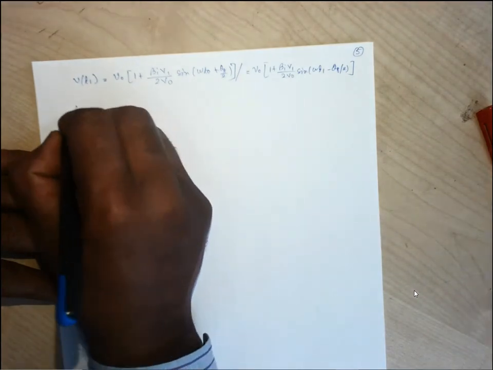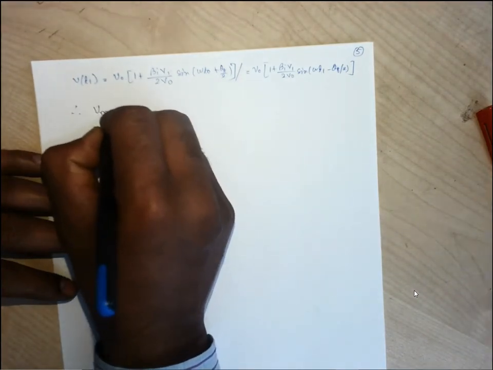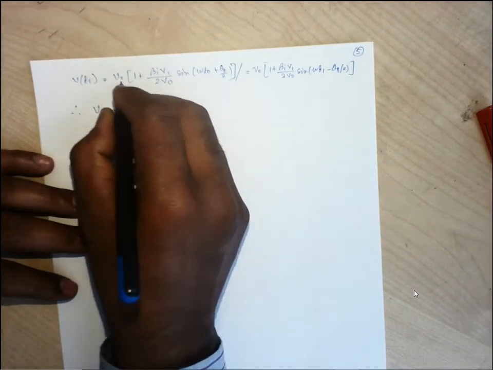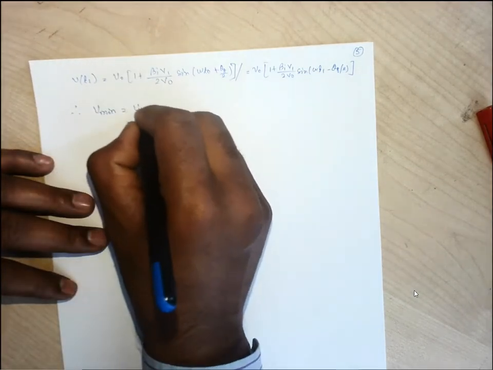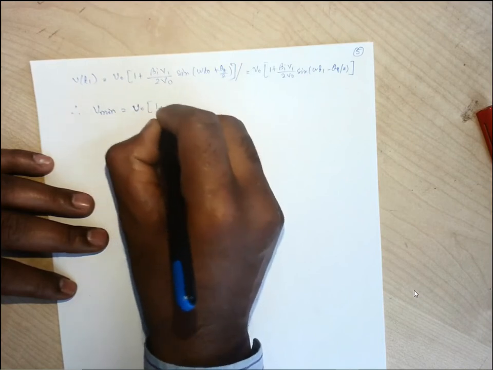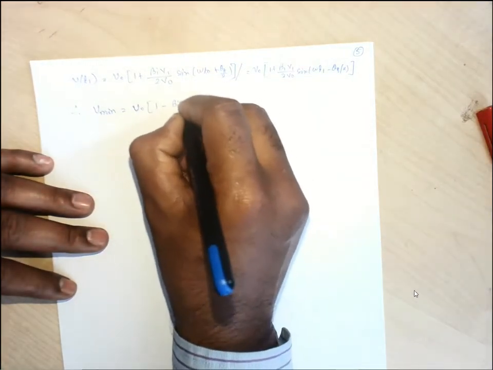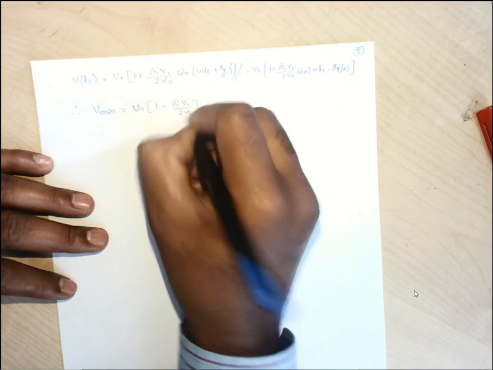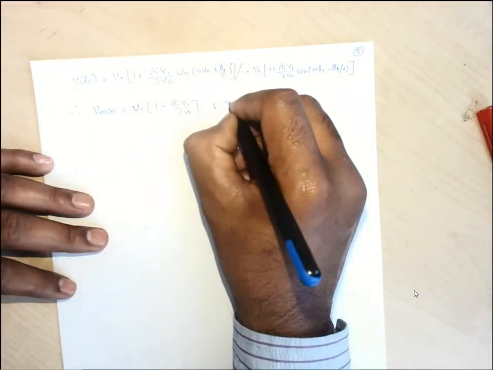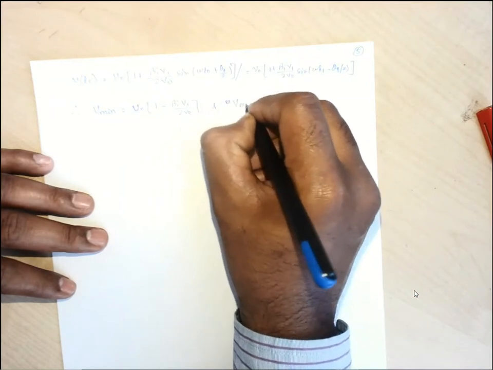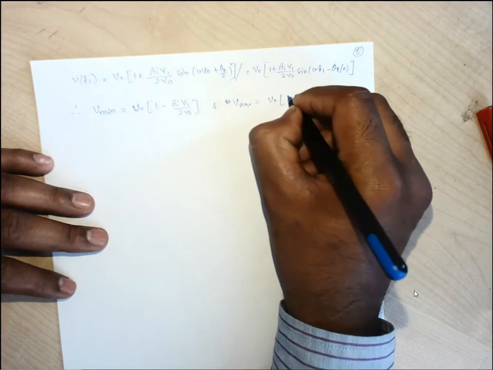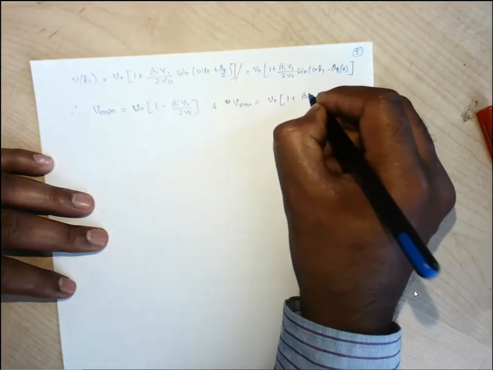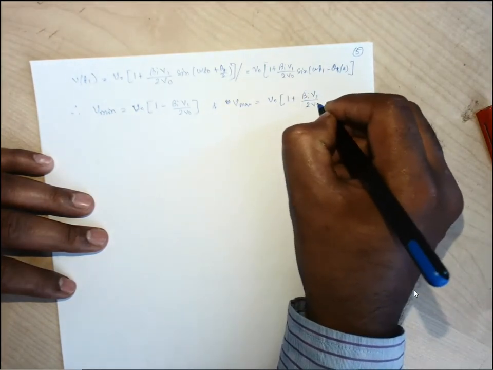So therefore we can write V min is equal to V naught 1 minus beta I V1 by twice V naught, and V max will be V naught 1 plus beta I V1 by twice V naught.